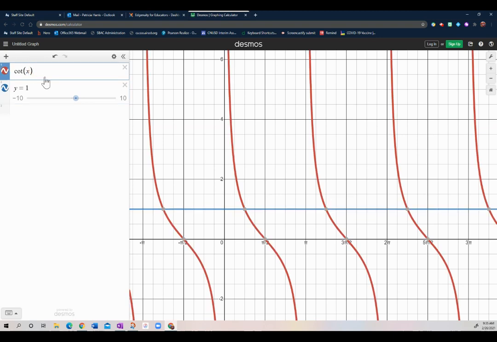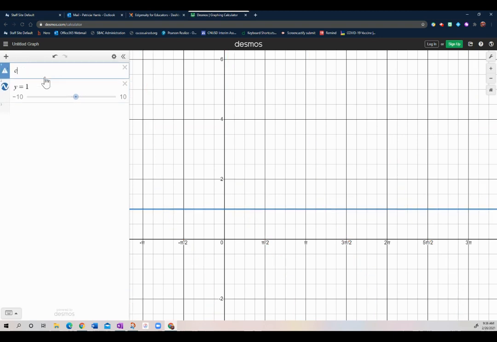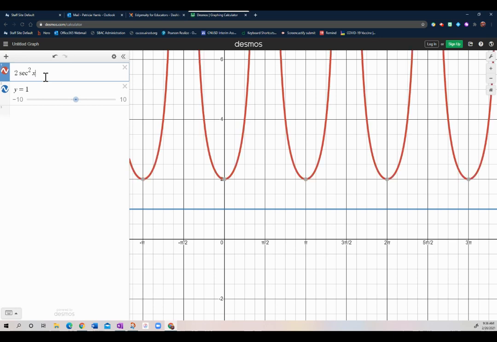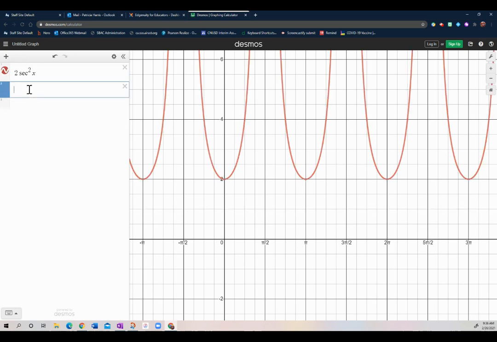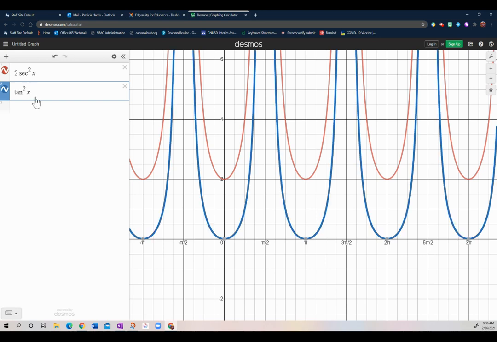Okay, so with the next one we have, okay, I'm going to type in 2 secant squared x, and then over here, I'm going to get rid of my y equals tangent squared x. Okay, now this is one way you can do it.